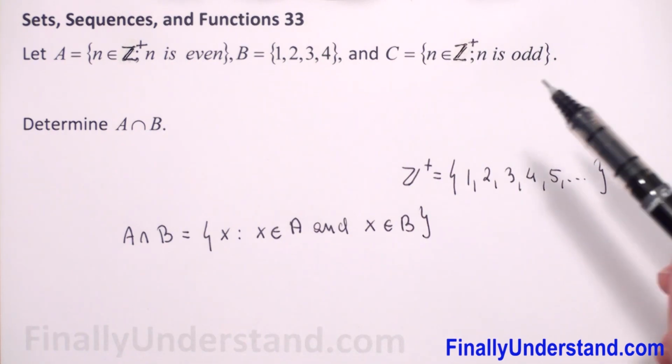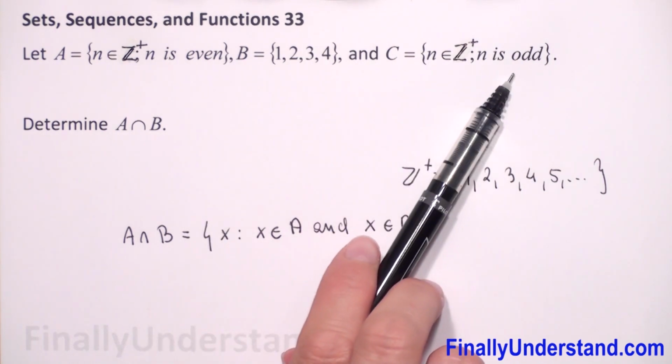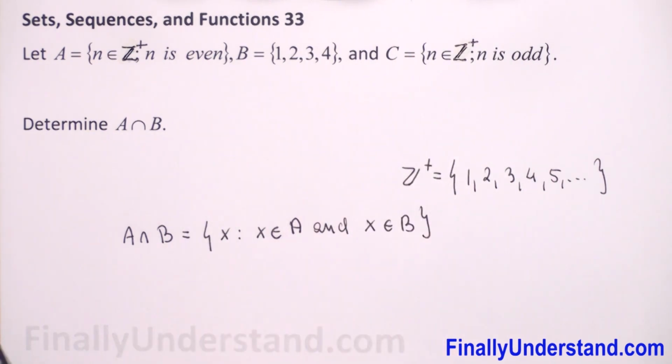So first, let me remind you even and odd number. We know that any integer, not a fraction, that can be divided exactly by 2 is even.